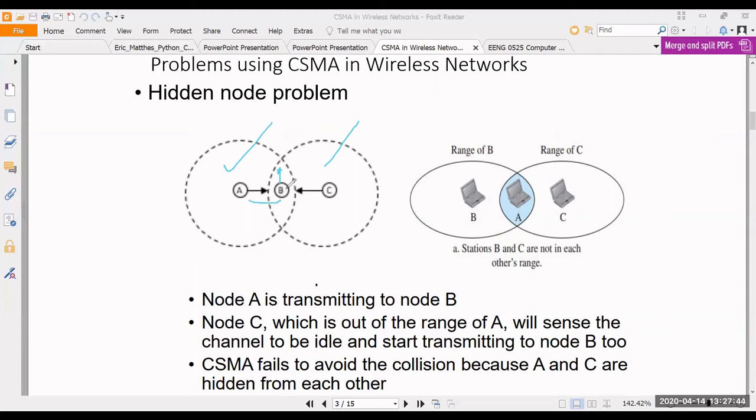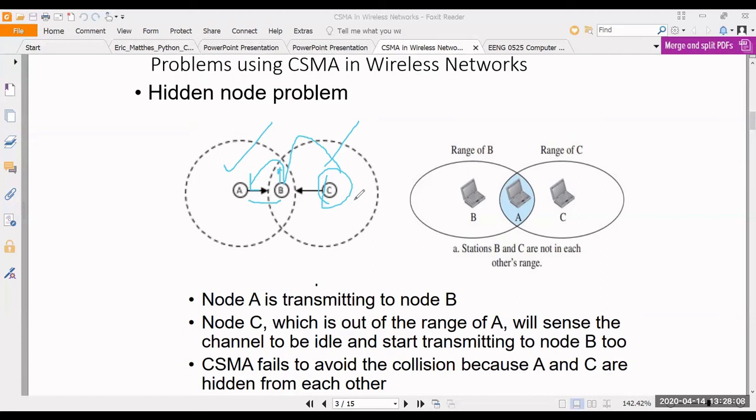But what happens is that C doesn't know what is happening to B with respect to A, because A is not in C's range. Whatever transmission is happening between B and A, because C is not in the range of A, it doesn't know. Do you agree to that?